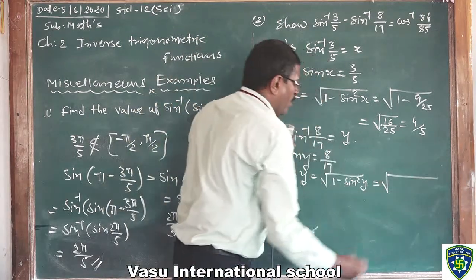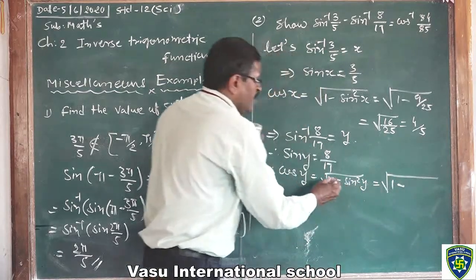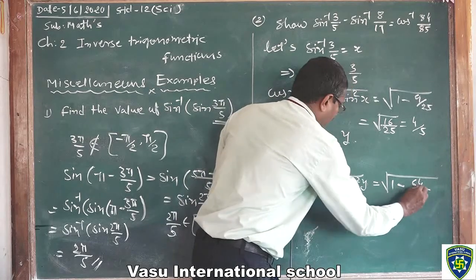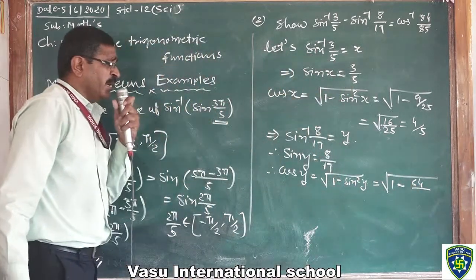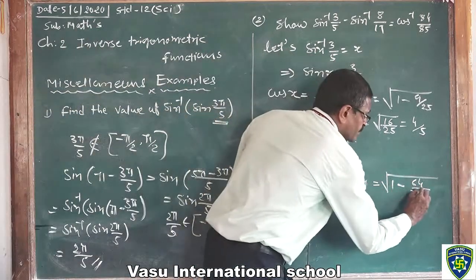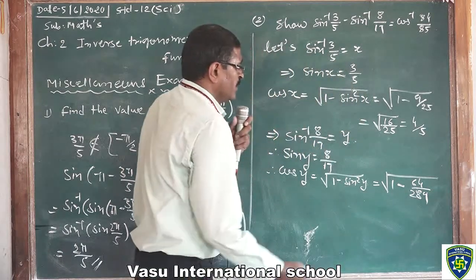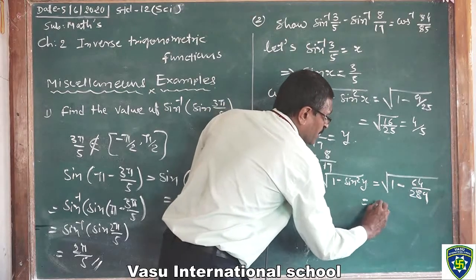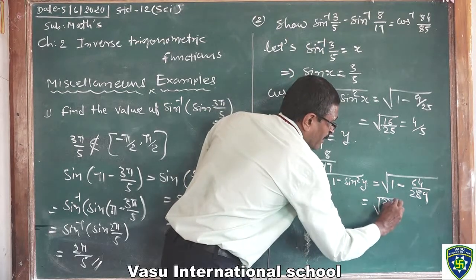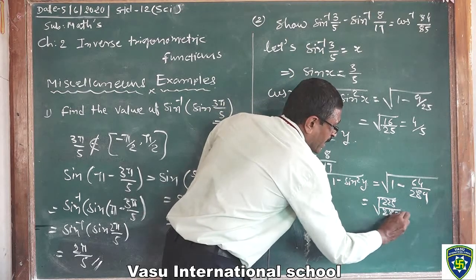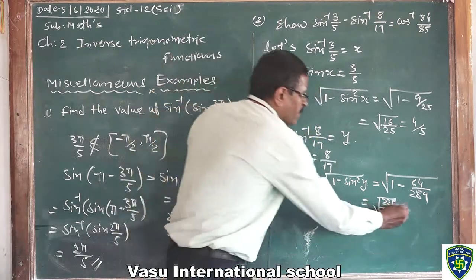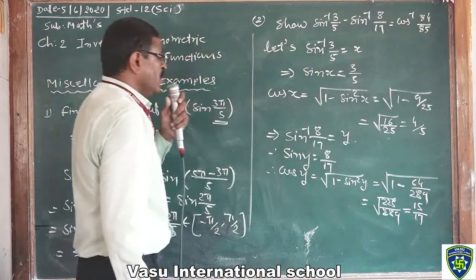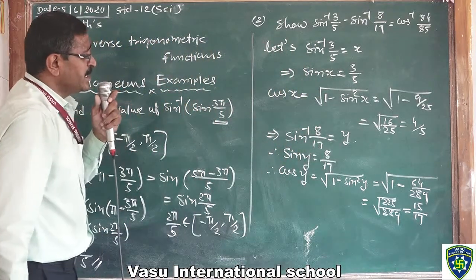Now square root of 1 minus 8 square, 64 divided by 289. Take LCM, 289 minus 64 is equal to 225 divided by 289. Square root of 225 is 15 divided by 17. Clear? Cos y is equal to 15 by 17.